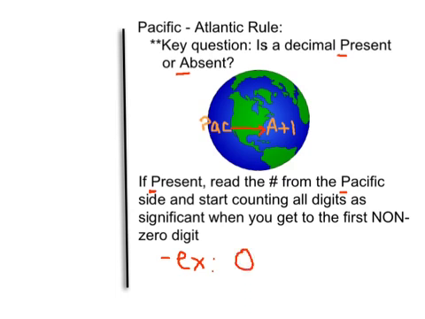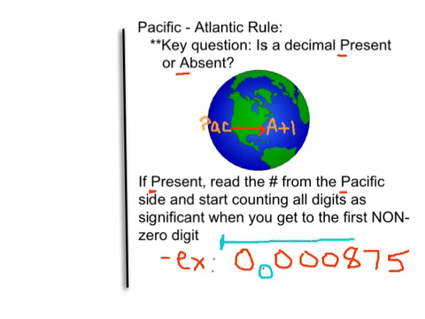All right, so here's an example. If we have 0.0000875, we have this number here, and we see that the decimal point is present. So we're going to start on the Pacific side over here, and we're going to read that number from left to right, from Pacific to Atlantic, and we're going to start counting the number of significant figures when we get to the first non-zero digit.